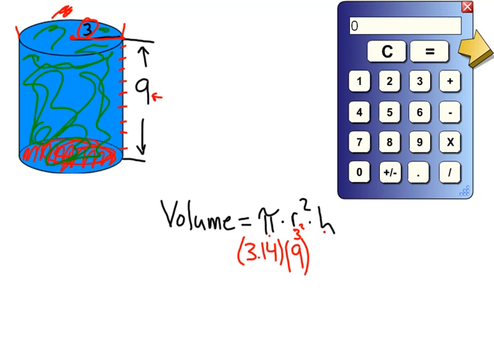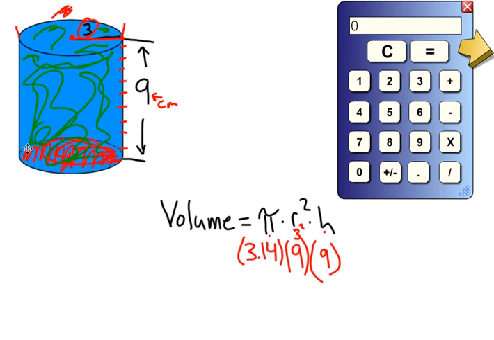And then the height. The height is like how many stacks there are, or in this case, it's a distance of going up 9. And you know, I forgot we didn't put centimeters. We'll just use centimeters. So we'll go up 9. And so if we multiply all these out now, we should get our answer.